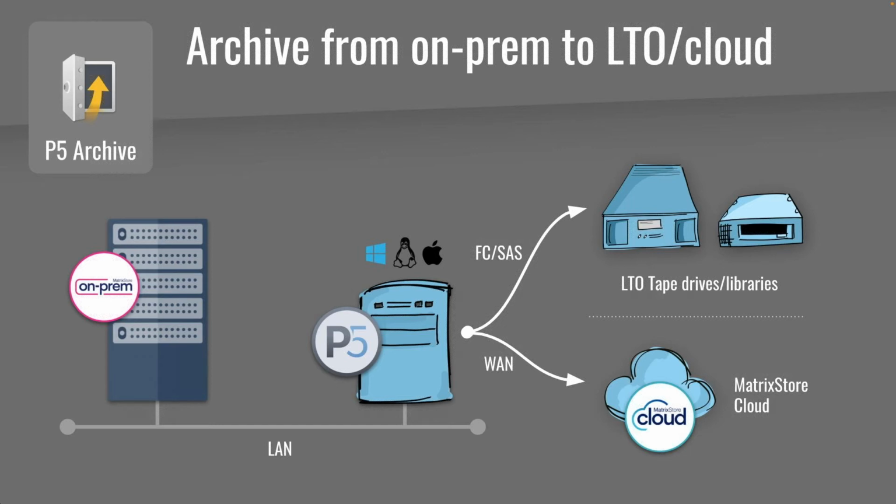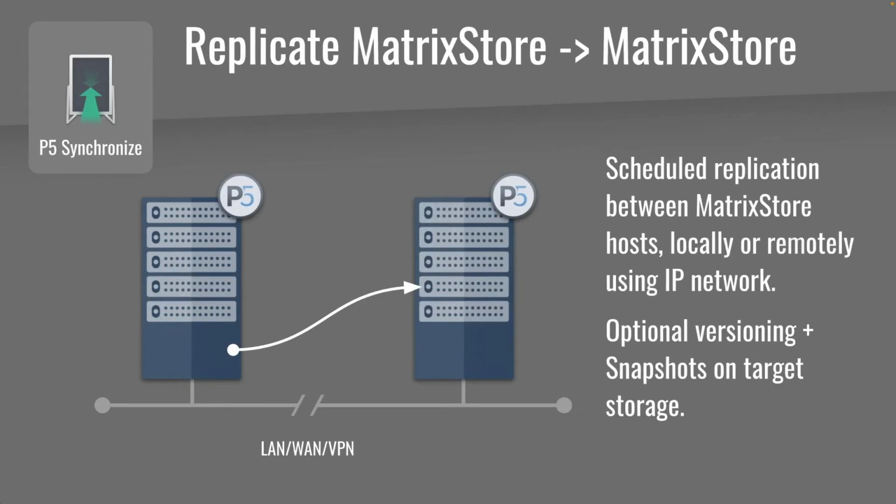And that host will have access to, by mounting storage from the MatrixStore, and it does that across the LAN. And then from there, moving across to the right-hand side, you can either make a Fibre Channel or SAS connection on that host to some tape hardware to allow you to archive data to tape, or you can use your WAN connection to go up to the MatrixStore cloud, as we're going to illustrate in the live demo. So that's how an archive workflow might fit together.